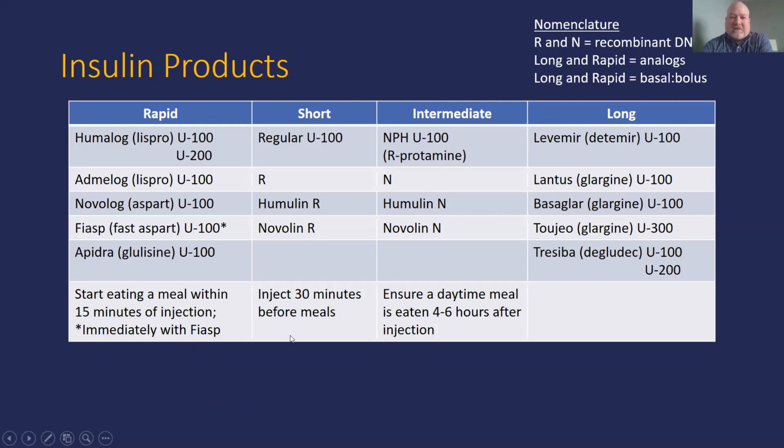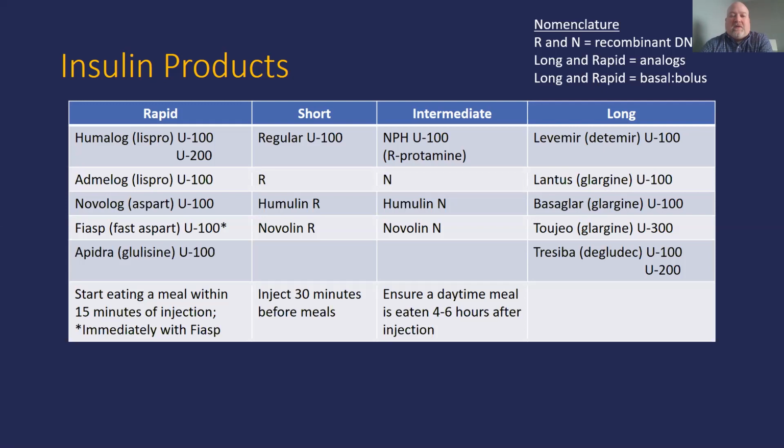It's kind of the opposite concept, actually, with rapid insulins. You have to start eating the meal within 15 minutes of the injection. So that means once you give the injection, you can eat immediately. You should start eating within the next 5 to 10 minutes and don't wait any longer than 15 minutes.